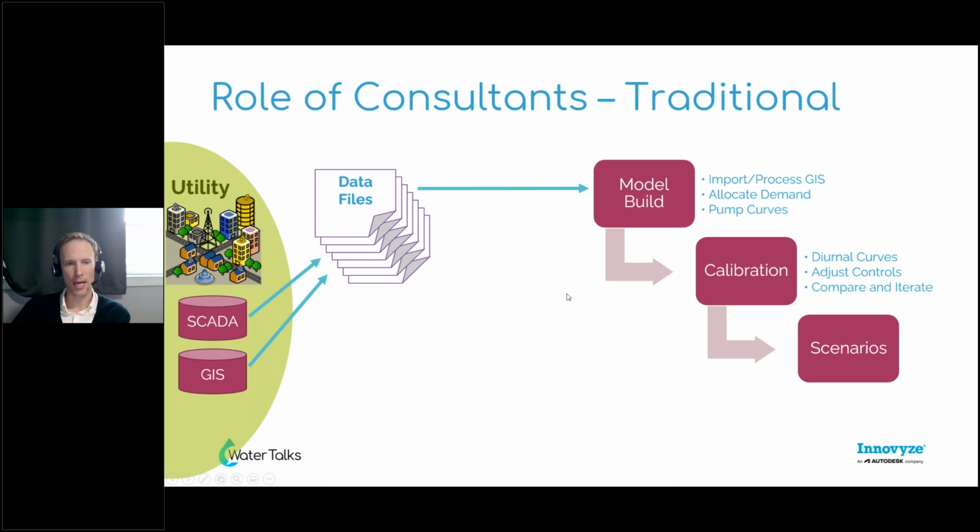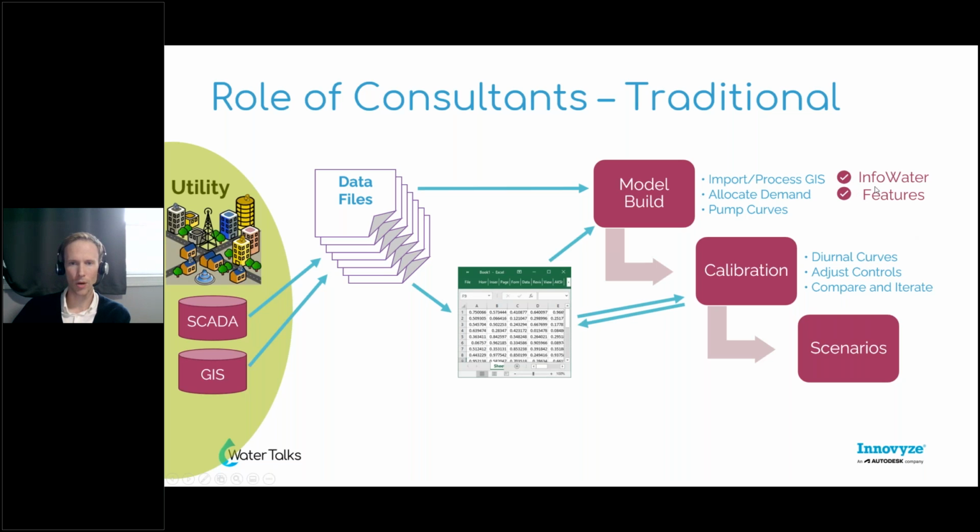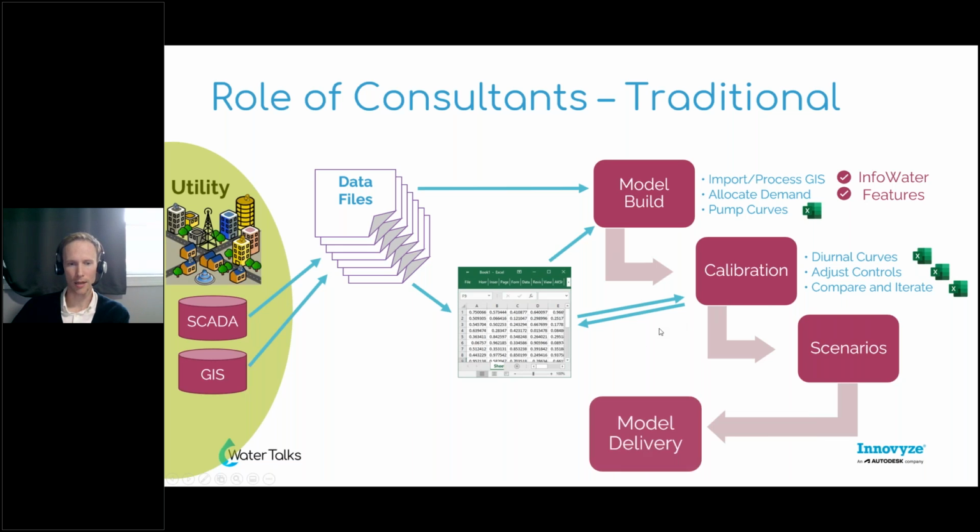And to do a lot of that work, InfoWater has features for some of this GIS stuff, but most of the time series work requires a lot of Excel spreadsheet work, which we all love, but it's not very sustainable.